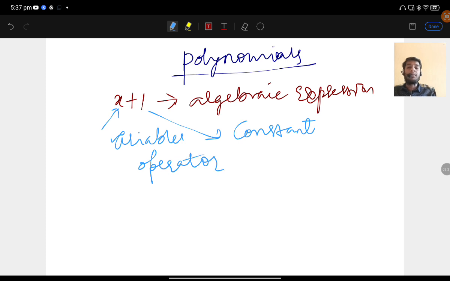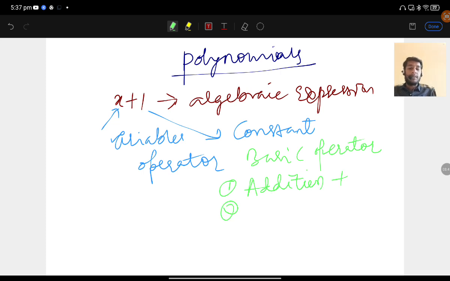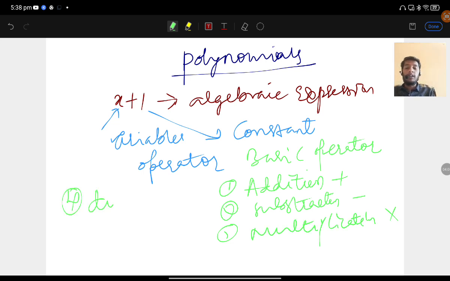You might be familiar with the basic operators: addition, that is plus; subtraction, that is minus; third, multiplication, that is into; and the fourth one, division.